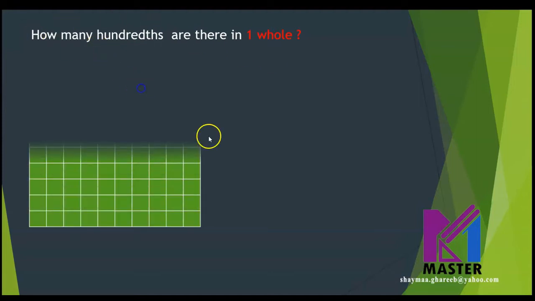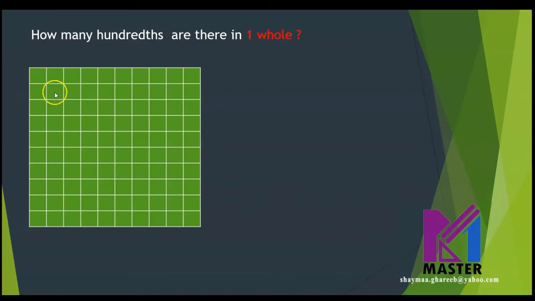What about the hundredths? Look at this shape. It's one whole and it's divided into 100 small parts. So each part of these parts is one hundredth.